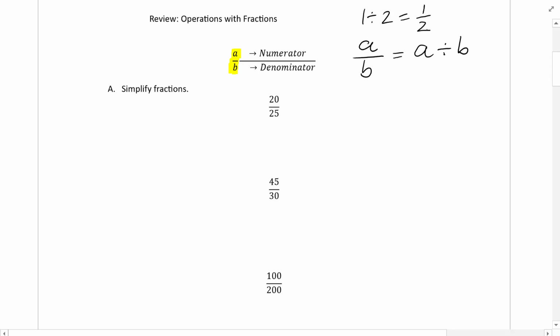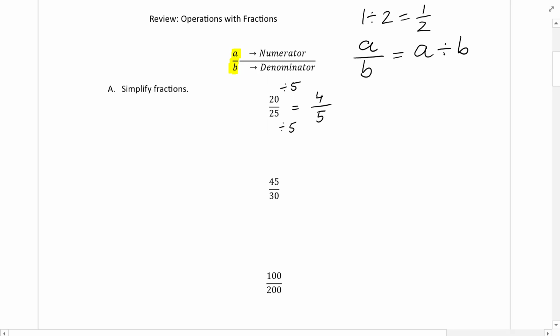So let's simplify fractions. The fraction that we start with is 20 over 25. Both of these numbers can be divided by 5. So I'm going to divide by 5. And we get 20 divided by 5, it's 4. 25 divided by 5, it's 5.